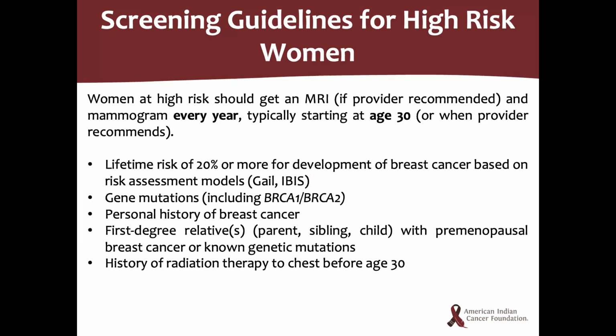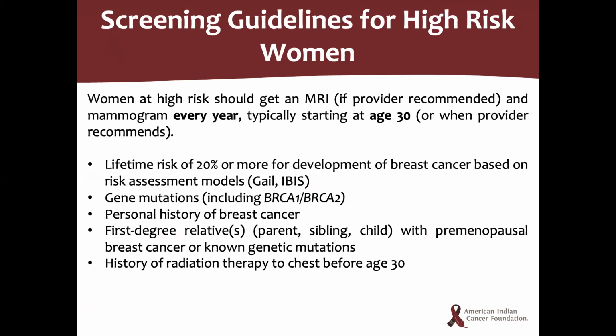And these are just some criteria for being determined at high risk. So if you have a lifetime risk of 20% or more for the development of breast cancer, based on risk assessment models such as the Gail model or the IBIS model. If you have a gene mutation, again, that includes the BRCA1 or BRCA2 gene.